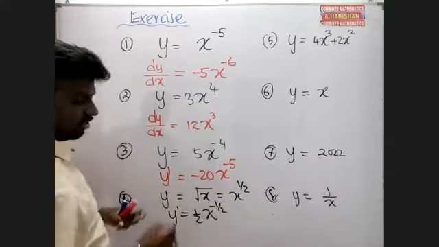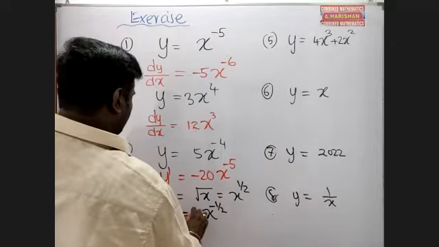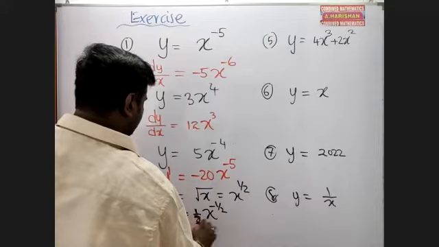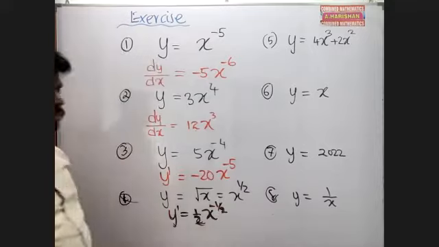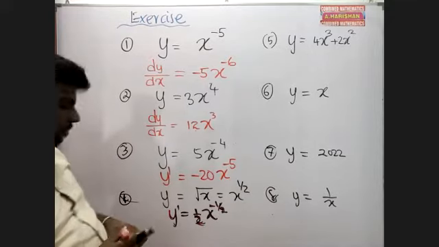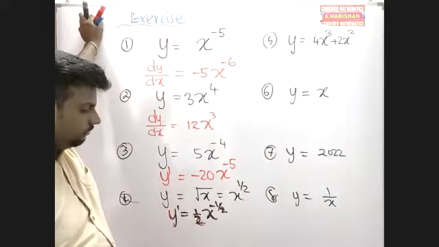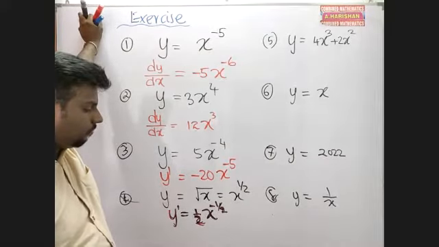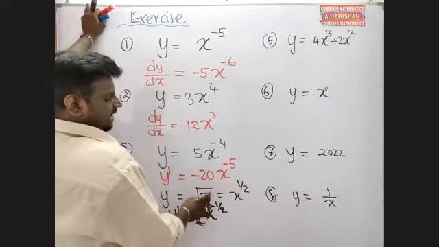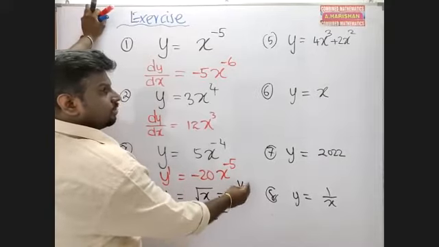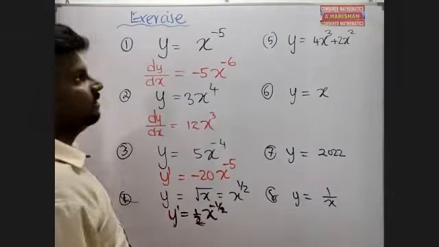So y prime equals half x to the power minus half. Careful: square root means you can write x to the power half, then bring the half and subtract the 1, so minus half. That's it.